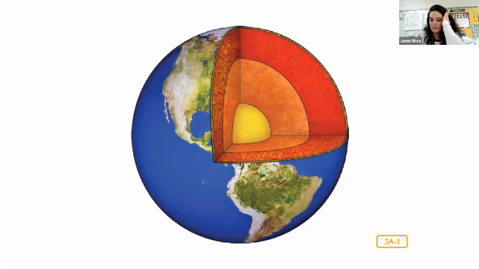Okay, so all the things in Earth can be described as being a solid, liquid, or a gas. If something is a solid, it keeps its shape. So like this, solid. My cup is a solid, okay? Doesn't change shapes at all.